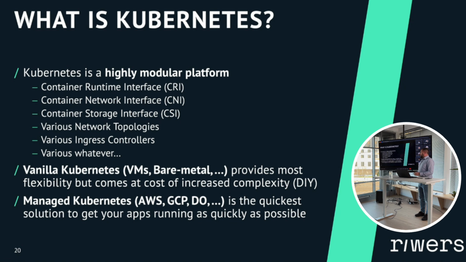Kubernetes is a highly modular platform, and basically you can take two approaches when you want to start with it. One of these approaches is to go with vanilla Kubernetes. That means that you'll be setting it up completely on your own. You can do this on virtual machines. You can do this on bare metal, so on physical computers or physical servers.